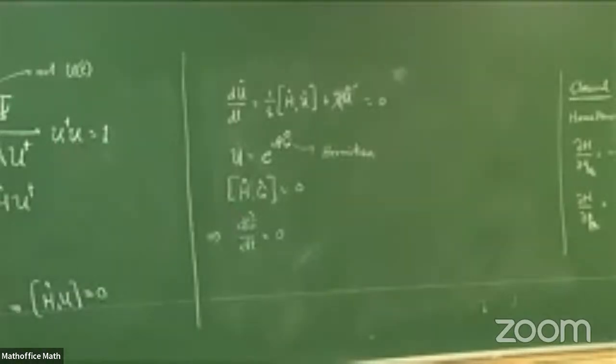Now what is important? The eigenvalues of G are real. G in principle could be a dynamical variable.